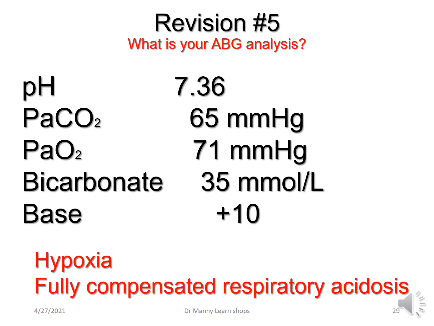But unless we know the patient's history, we could also say that this is a fully compensated metabolic alkalosis, because the lungs are hyperventilating to retain CO2. This typically doesn't happen in real life because, again, your respiratory centre won't allow it. So let's stick with what we've got, a fully compensated respiratory acidosis.